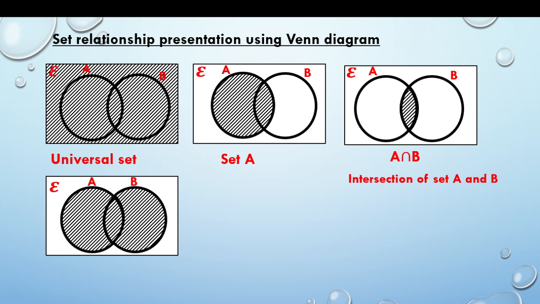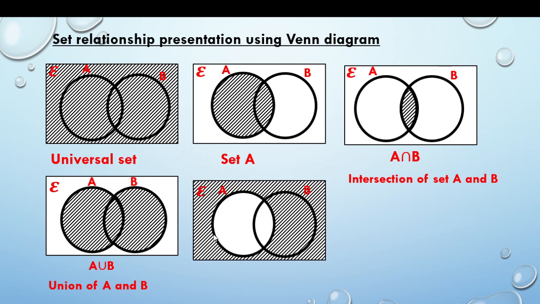So they are asking you to list the union of set A and B, which is written as A union B. That's how it is supposed to be shaded. When they shade like this, they're asking you to list the union of set A and B.